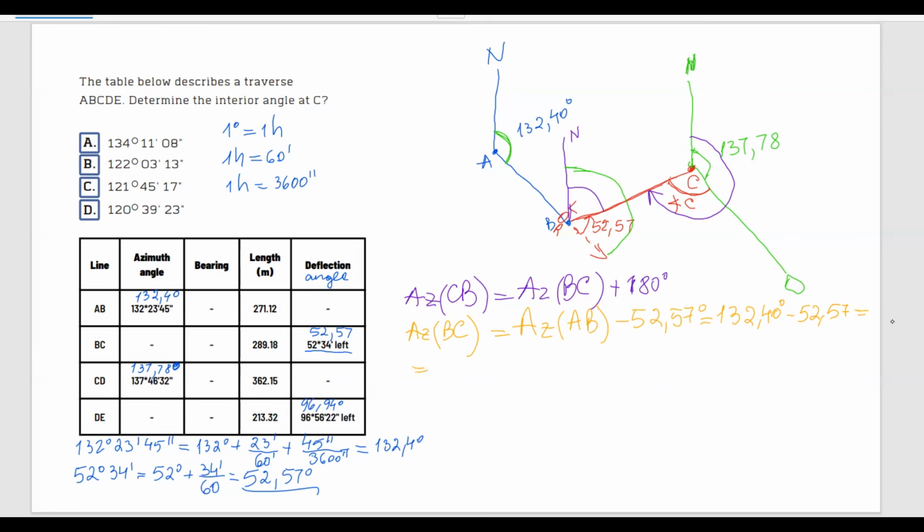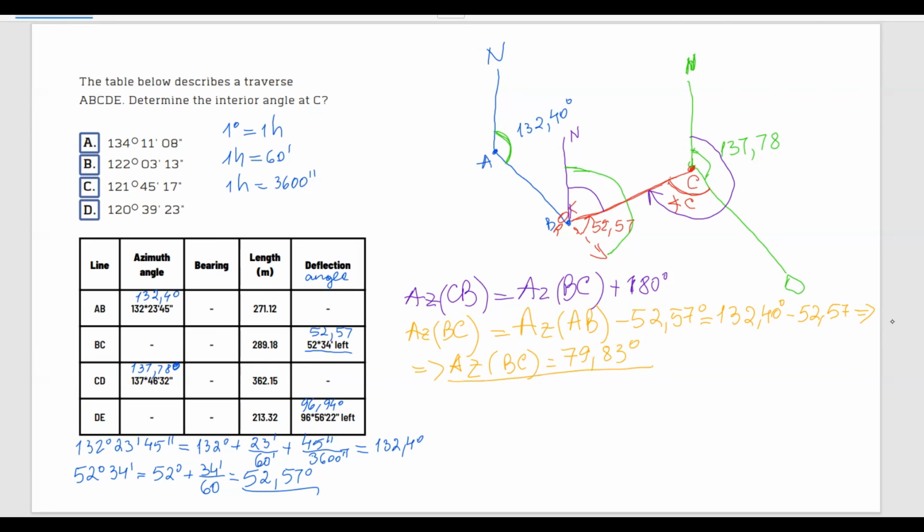Go ahead, take your calculators and calculate with me: 132.40 minus 52.57, and I get 79.83 degrees.